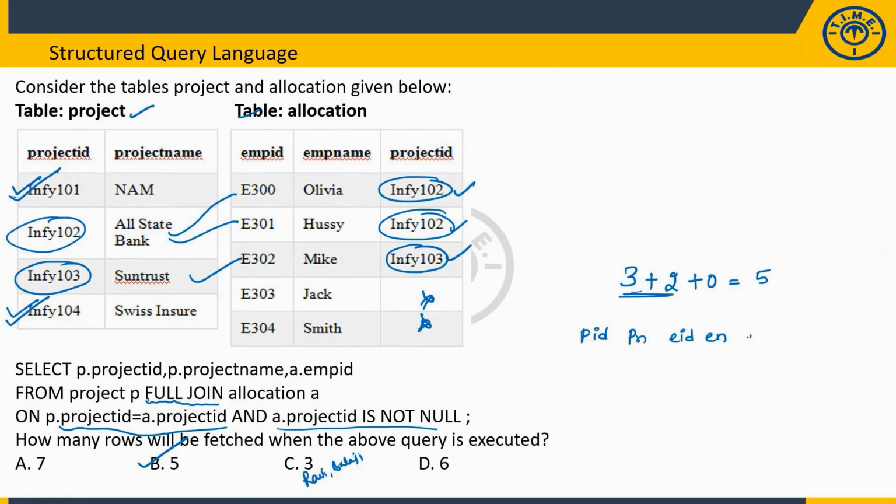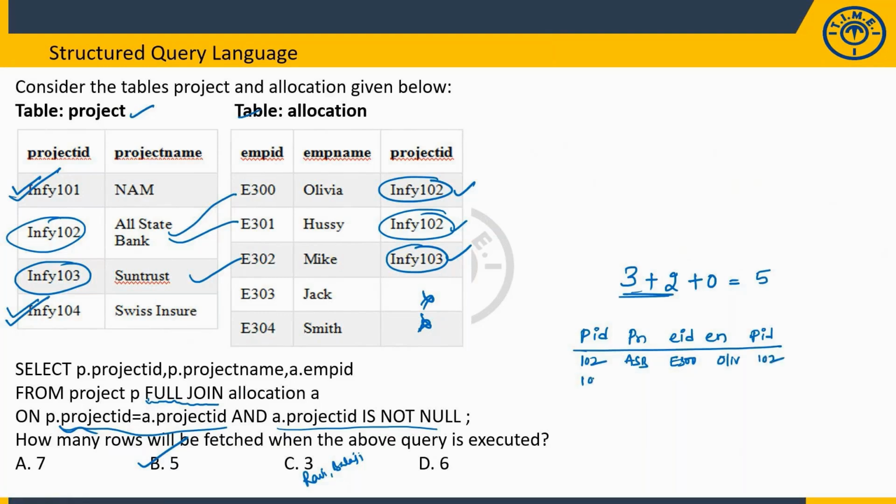It is a full join, na? Okay, but the condition is okay. Full join, project ID. Now, what are the matchings? Infi 102, All State Bank, and that has a matching with E300, employee name Olivia, and that is Infi 102. That is one match.